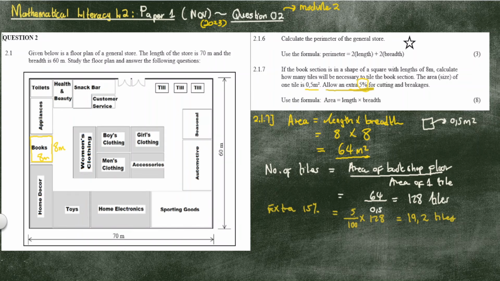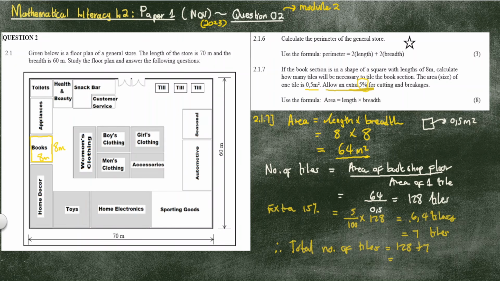Alright, so 6.4 tiles, but we're going to round it off to 7 tiles. Therefore, total number of tiles is equal to 128 plus 7.